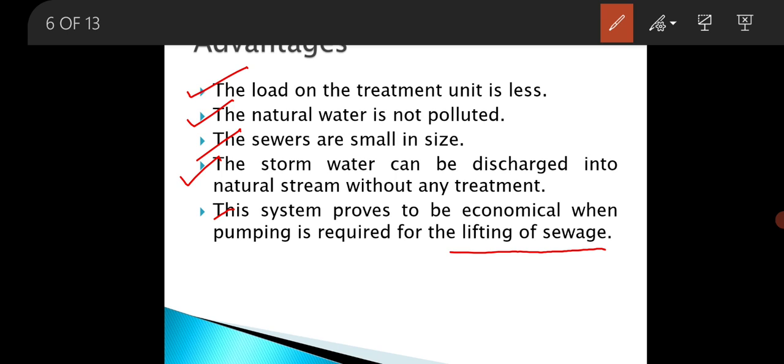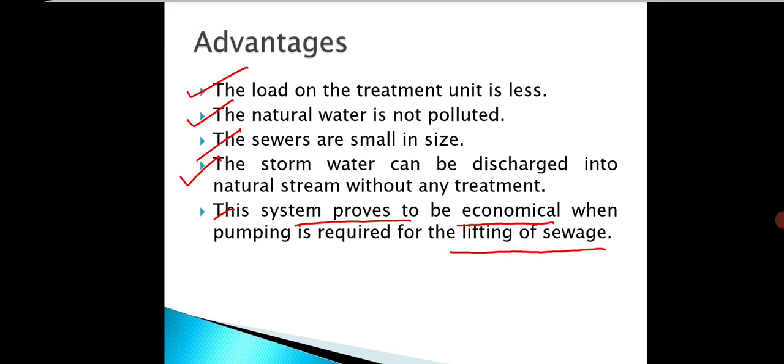So if it is required to lift the sewage in the treatment plant, then this system proves to be economical as in this system the storm water is not there in the sewage.